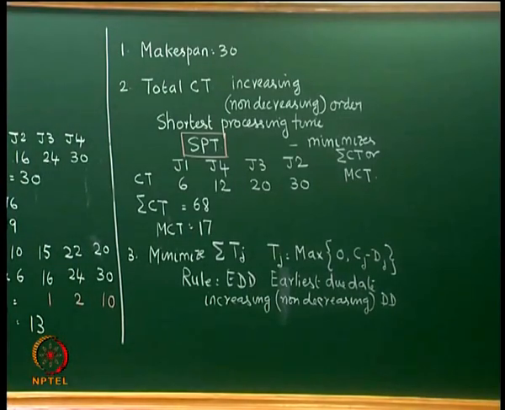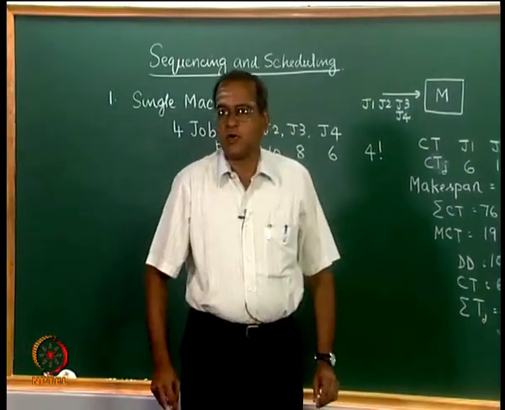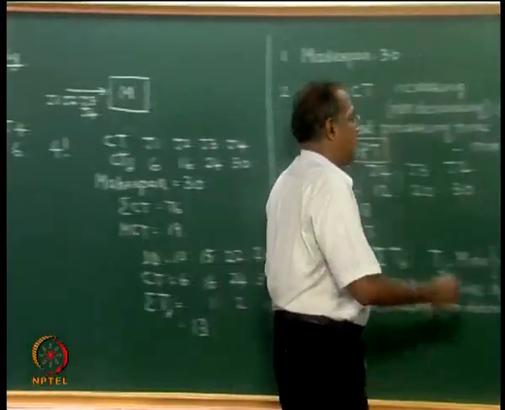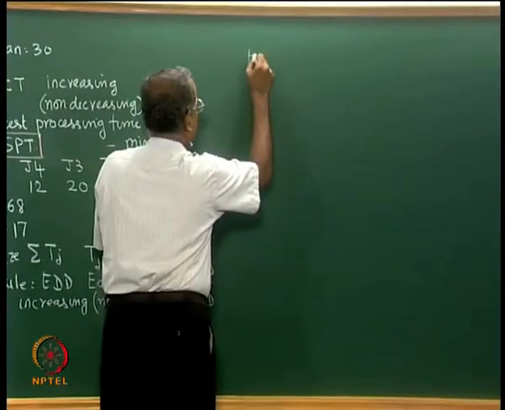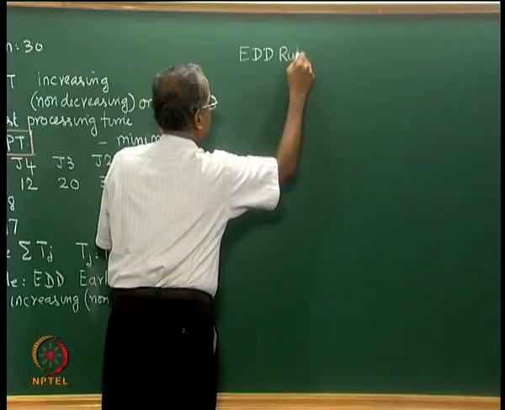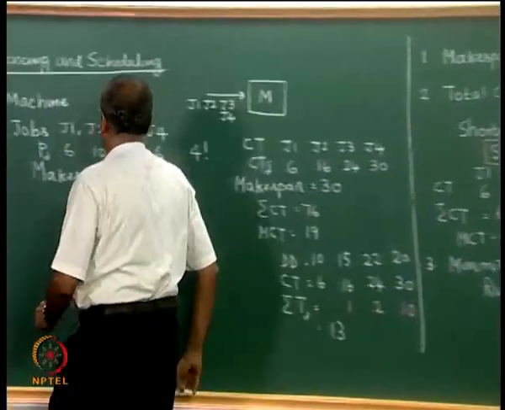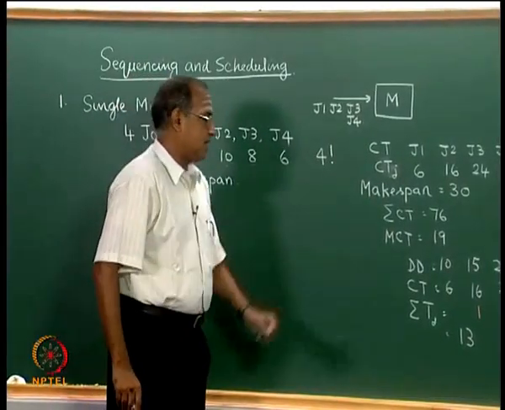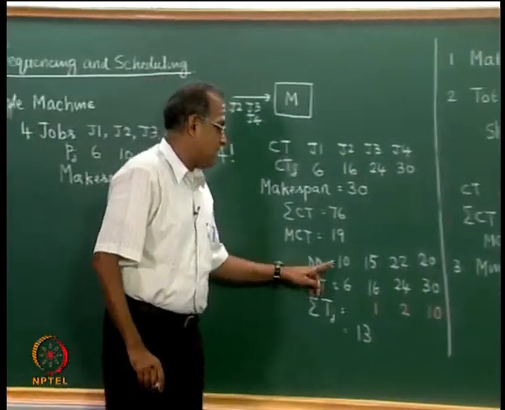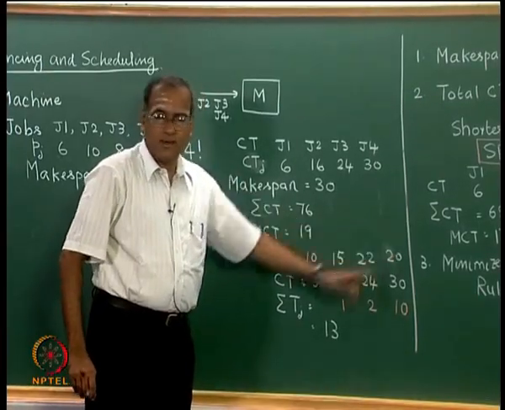Now let us apply the earliest due date rule to the example problem and first compute the total tardiness. So now based on earliest due date rule, we first sort the jobs according to the due dates. So the due dates given are 10, 15, 22 and 20.